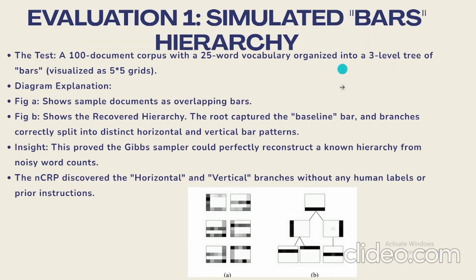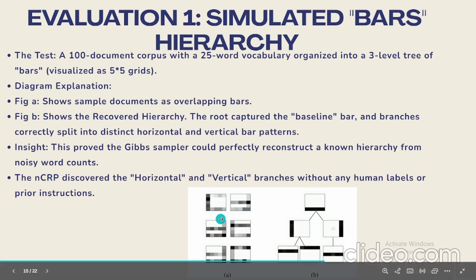And in the previous evaluation strategy, where the data had overlapping rows and columns, we reconstructed the hierarchy appropriately.